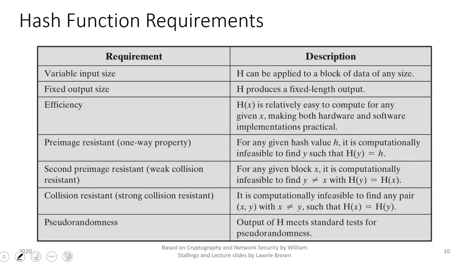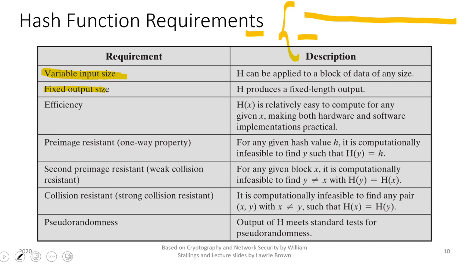The main requirement with hash functions is, first, that they should be able to support variable input sizes. So the input can be any size, a long message or a short message, all of them should be supported. But the output should be of the same size. Regardless of the input size, the output size is going to be the same.